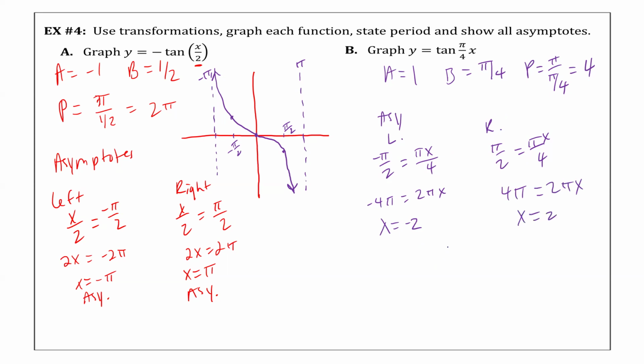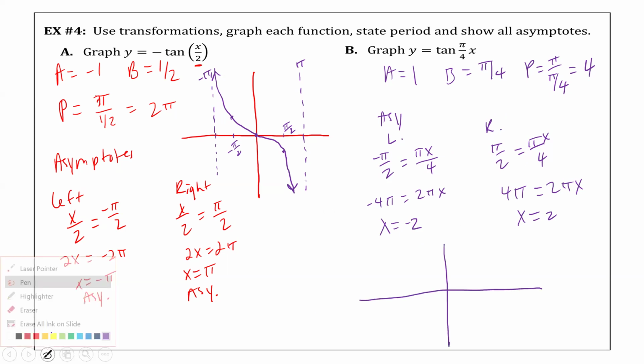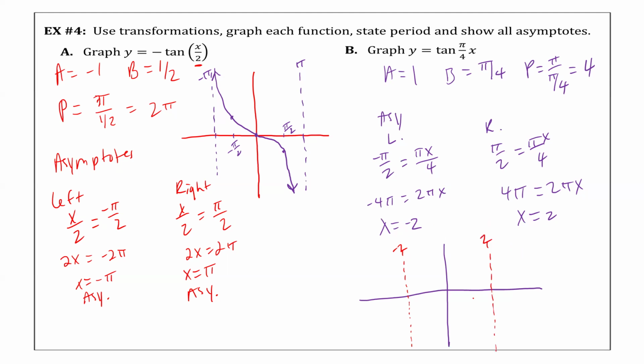So we're going to draw a little sketch of our graph. We start at negative 2 as an asymptote, and we have positive 2 as an asymptote.